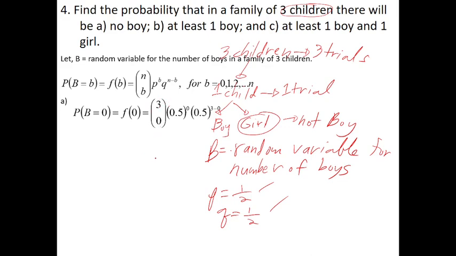So, probability that B is equal to 0 equals f of 0 equals combination of 3 taken 0 at a time, multiplied by 0.5 kasi 1/2, raised to 0, times 0.5 raised to 3 minus 0, that is, n minus B. So we can proceed.